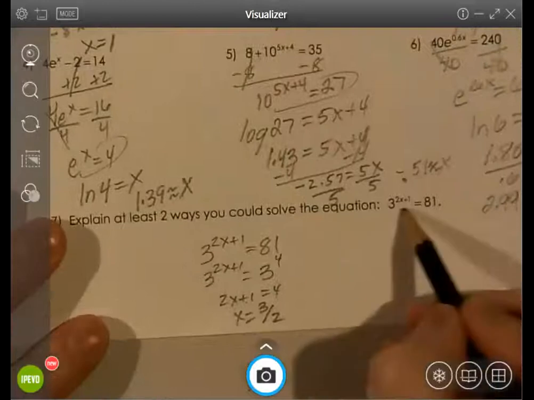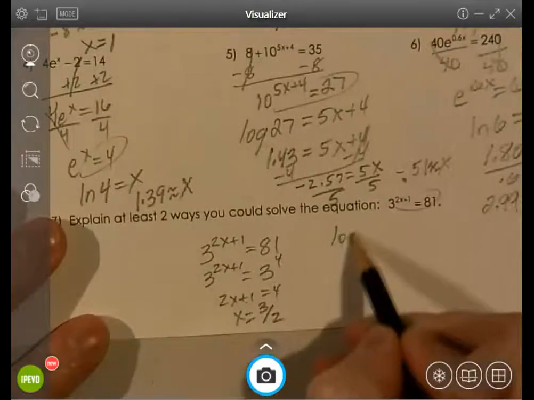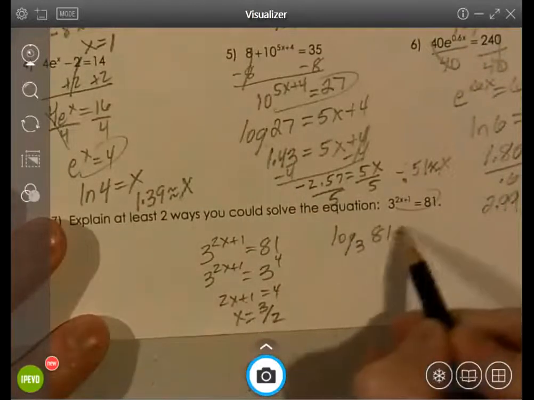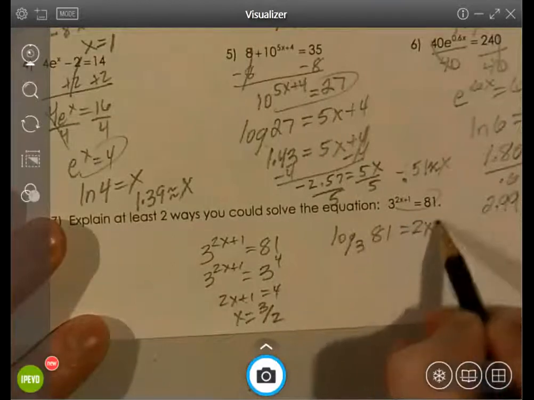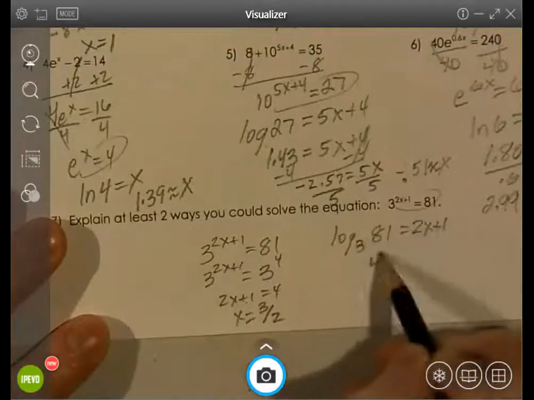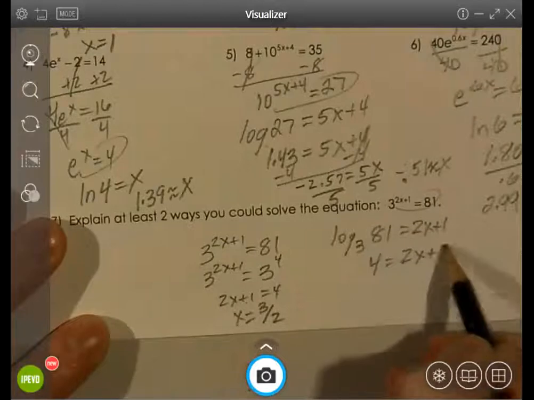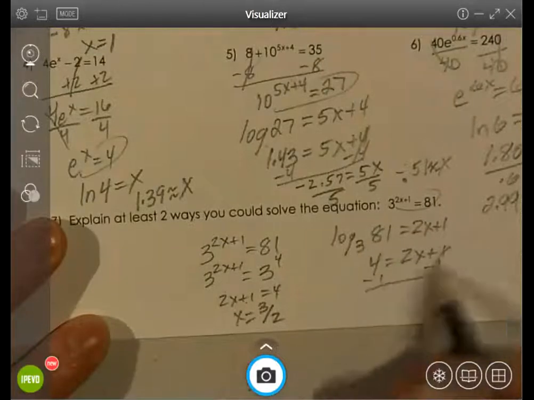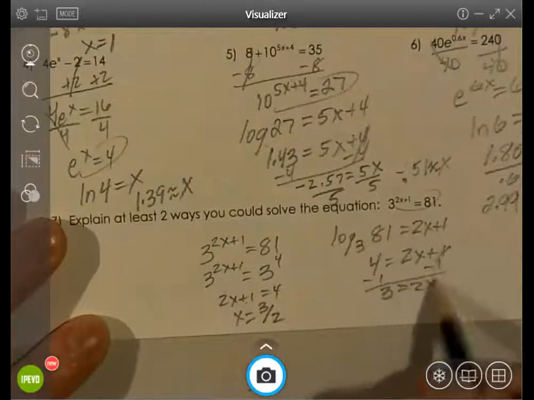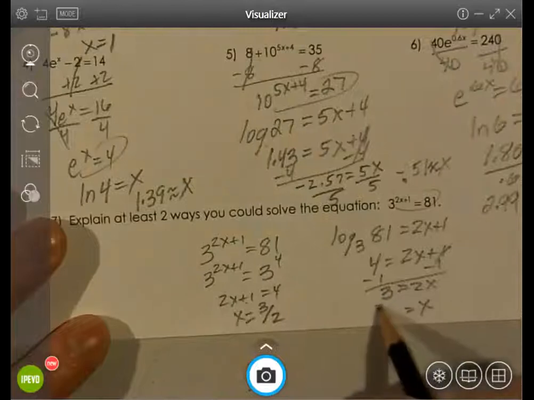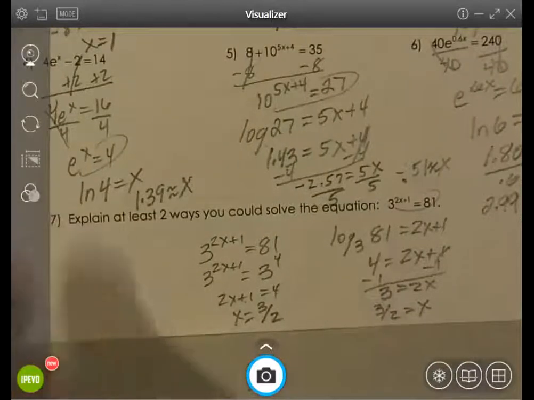The other way to have done this is a log base 3 of 81. That's going to be 4. Subtract your 1, divide by your 2. So you have 2 different ways that you could solve some of the problems.